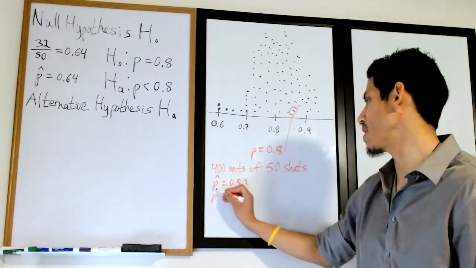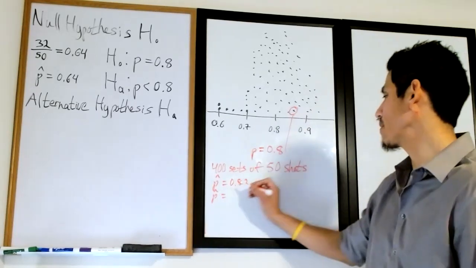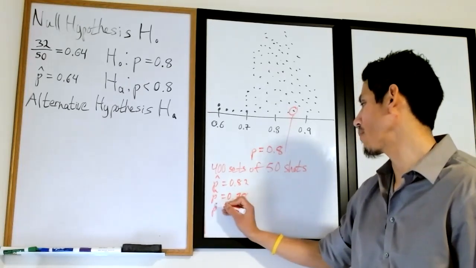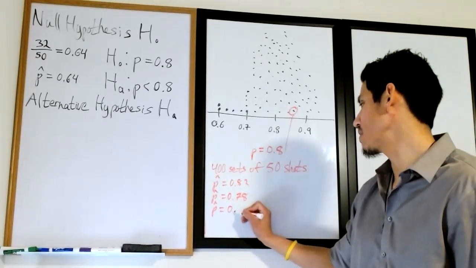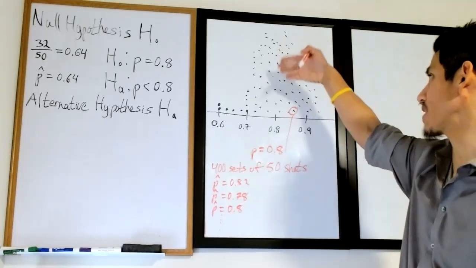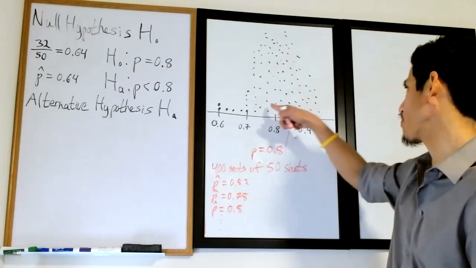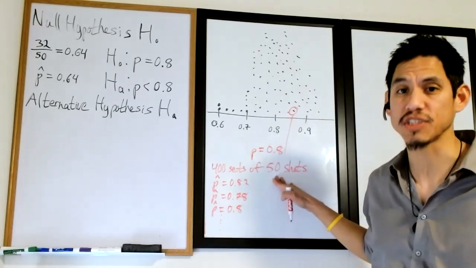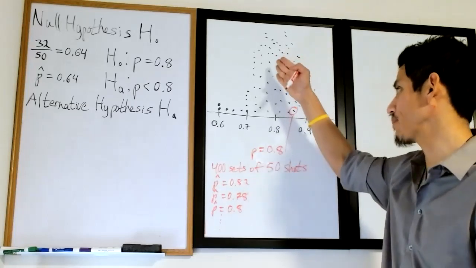We got another one of 0.78. We got another one of 0.8, and so forth. We got 400 of these. All these represent the different sample proportions we got from the 50 shots that each of these took.